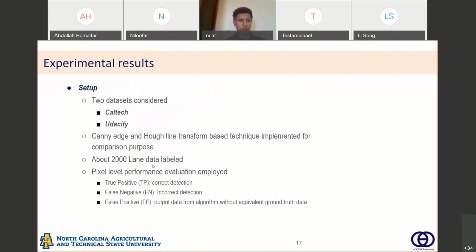And we created about 2,000 lane data samples just to quantify the accuracy of our method. So we simply count the true positive and the false negative results of both methods, and we can easily estimate how effective this technique is based on this measure.